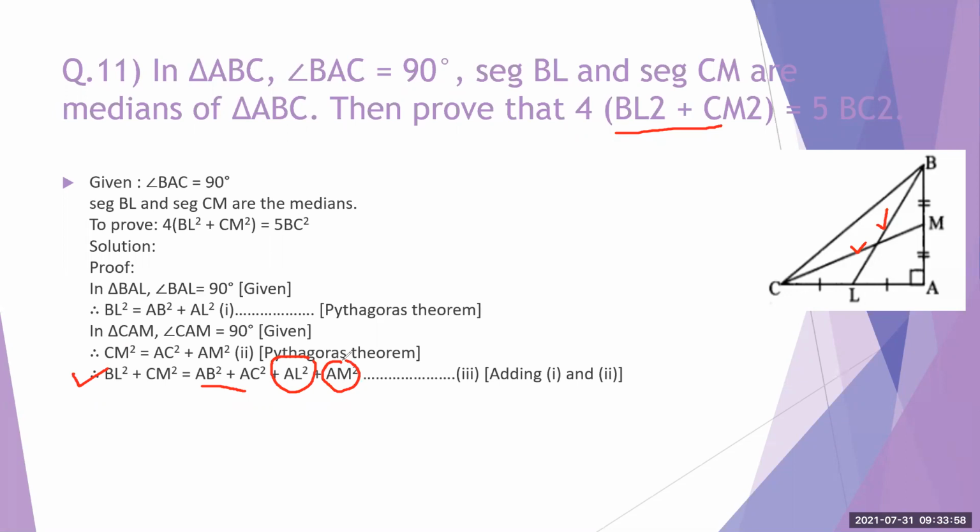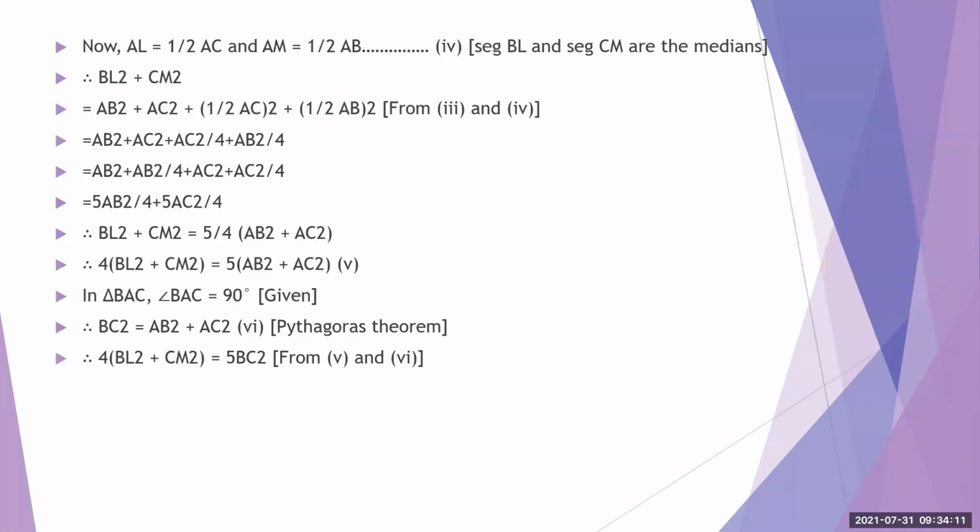So we substituted that there. After that we resubstituted the values in equation number 3, and solved with the help of cross multiplication and everything. Solving, we get BL square plus CM square is equal to 5 by 4 times AB square plus AC square.